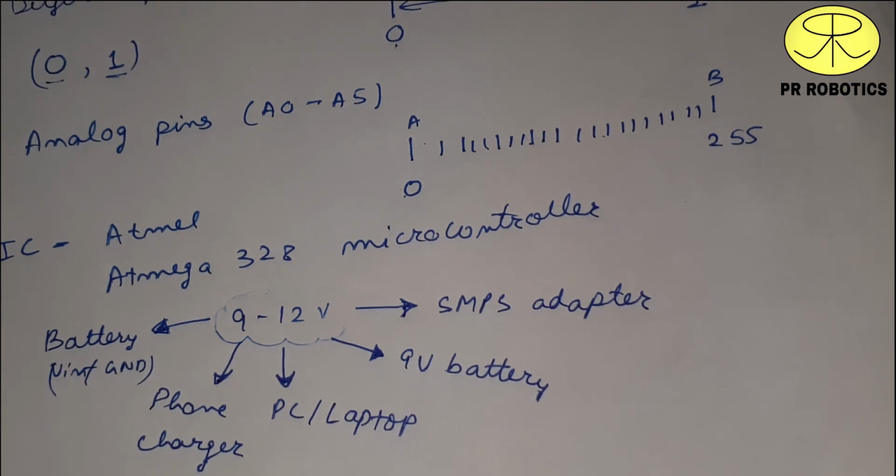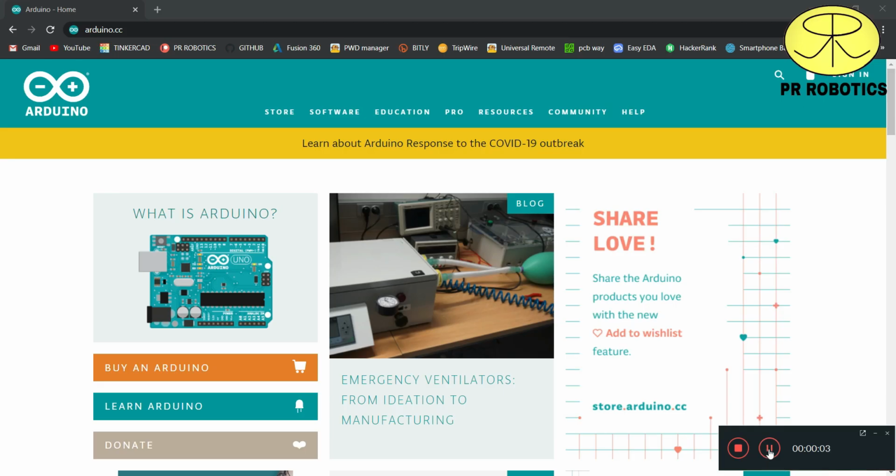So now let's see which software do we use to program it and how to program it. The software which we will use to program can be downloaded from the official website of Arduino, which is www.arduino.cc.